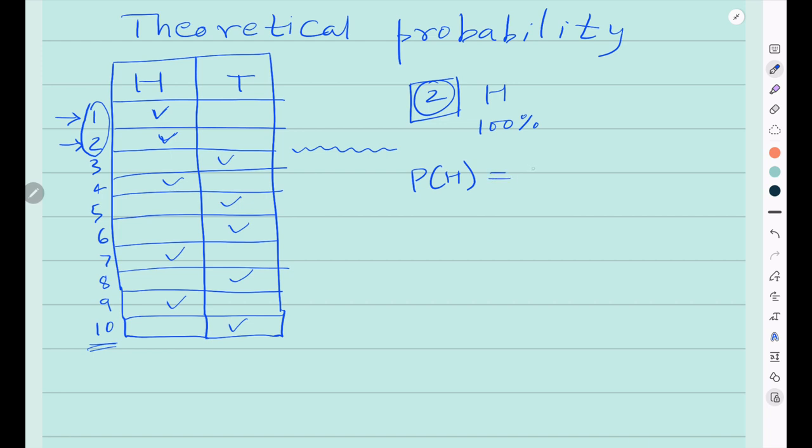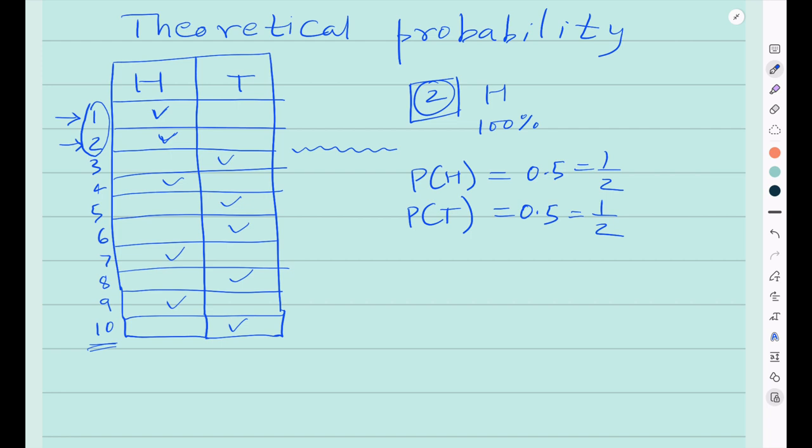will be very, very close to 0.5 or 1 by 2, although it will never be equal to 0.5. And the probability of getting tail will also approach 1 by 2. What do I mean by approach? It means it will never be perfect.